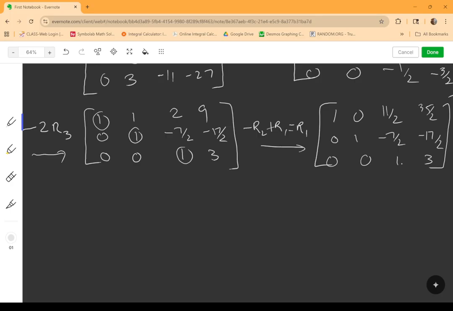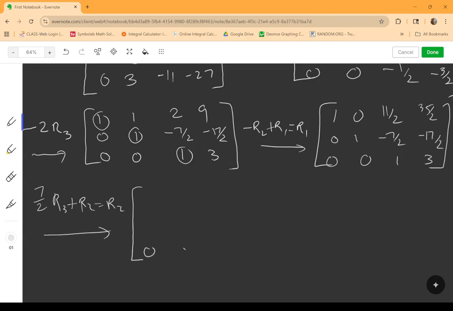So now let's focus on R3 to look above it and try to 0 out everything else in that column. The first one we'll do is 7 halves R3 plus R2, and that'll be my new R2.